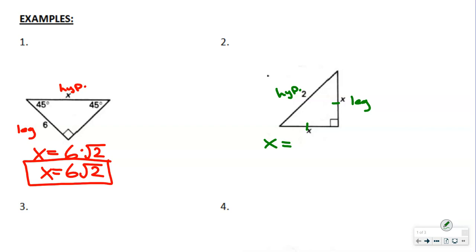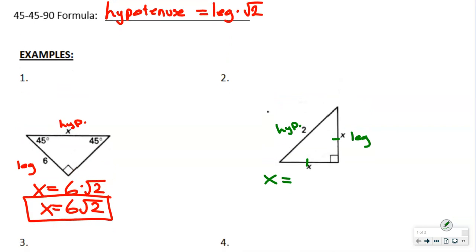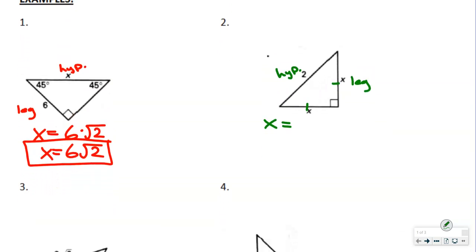So if our hypotenuse equals leg times the square root of 2, to find the leg, we must divide the hypotenuse by the square root of 2. So then now we have a square root in the denominator on the bottom. We've got to get rid of that.